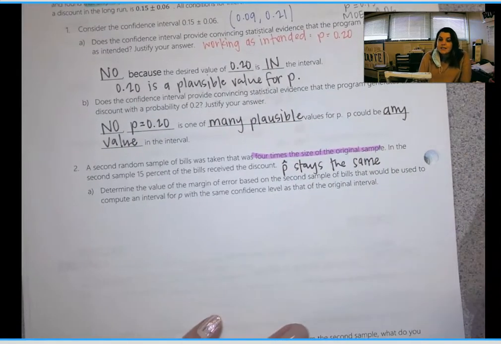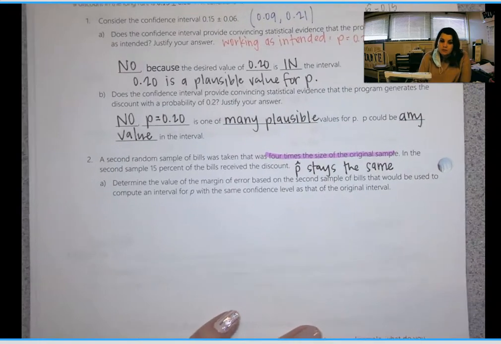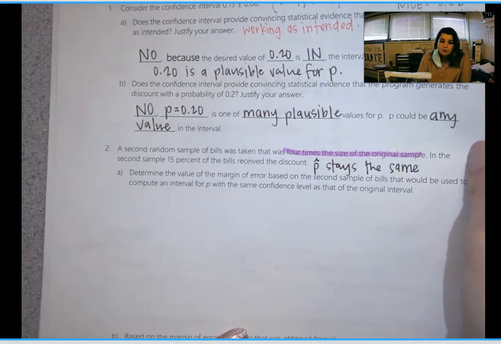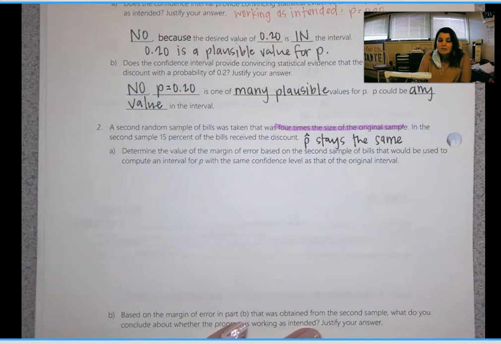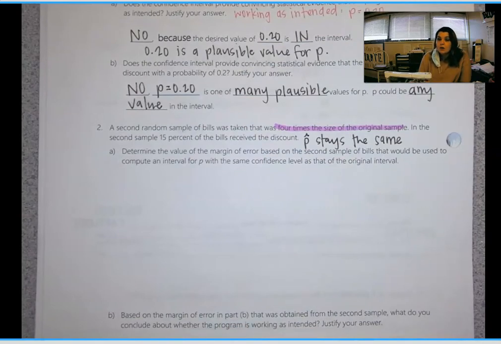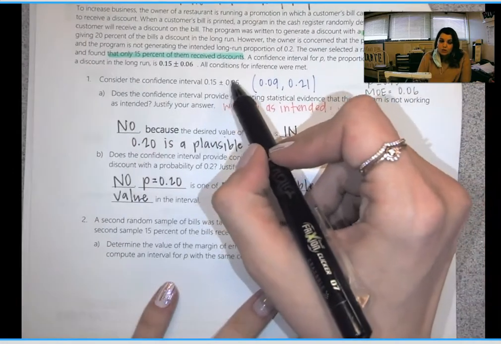Sample size is now 4 times as big. So determine the value of the margin of error based on the second sample of bills that would be used to compute an interval for P. So they're saying we need to adjust this margin of error of 6%.